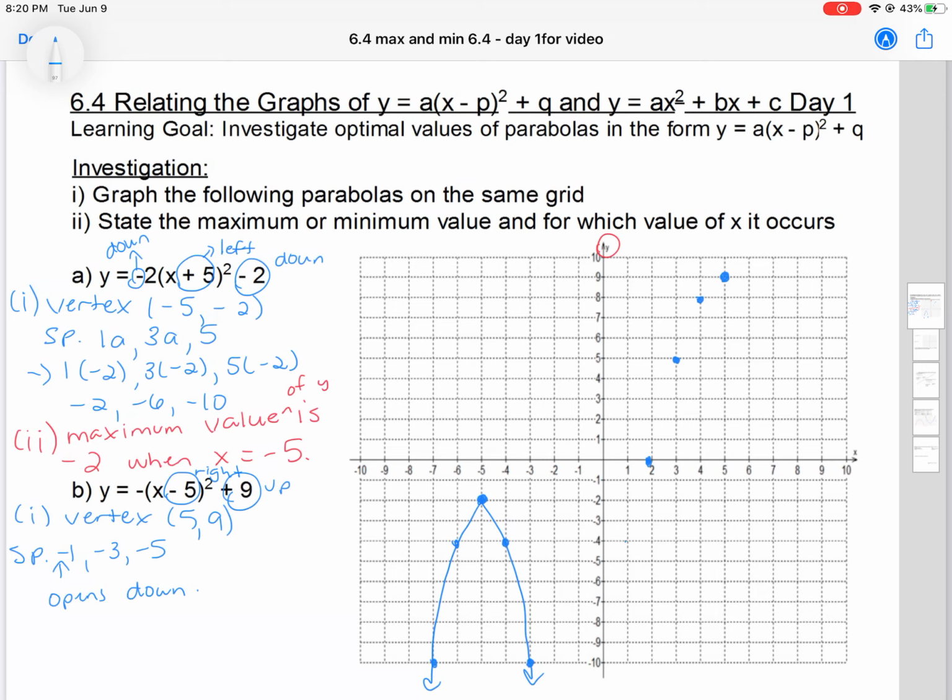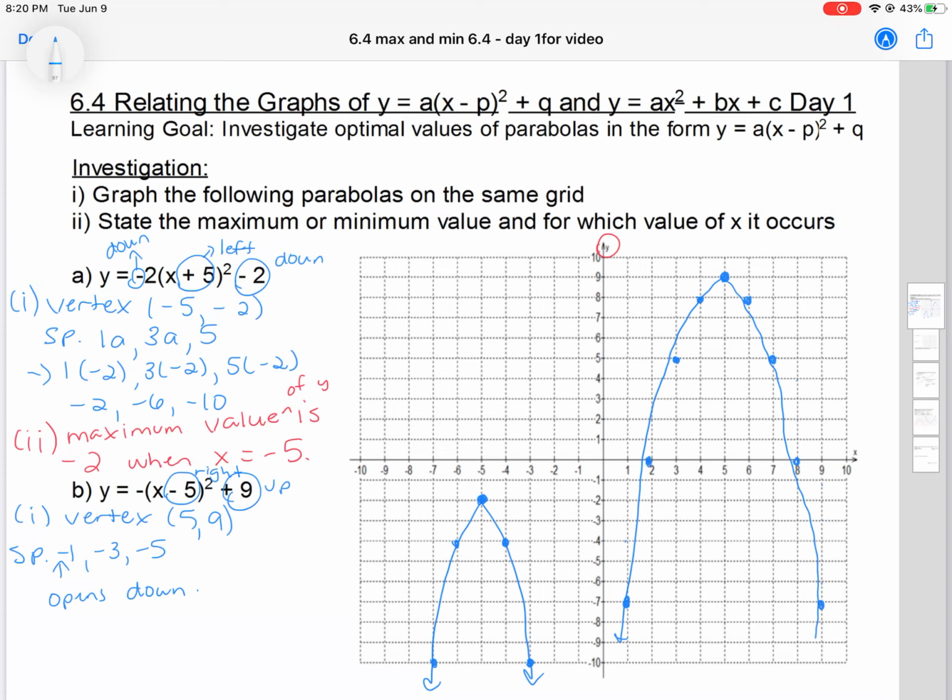Over 1, down 1, 2, 3, 4, 5, 6, 7. Over, down 1, 2, 3, 4, 5.